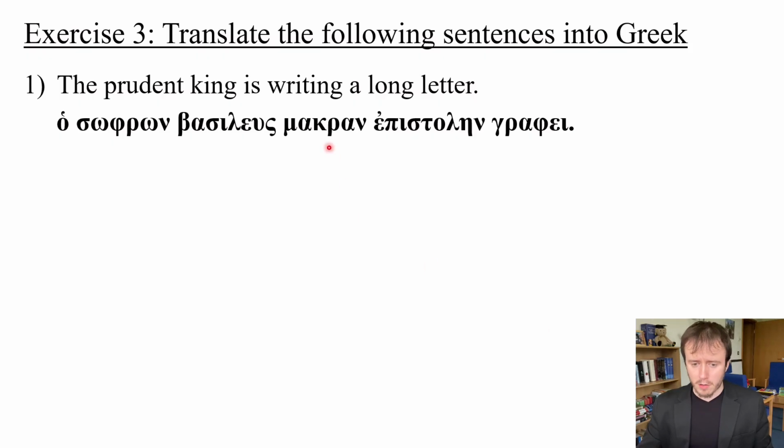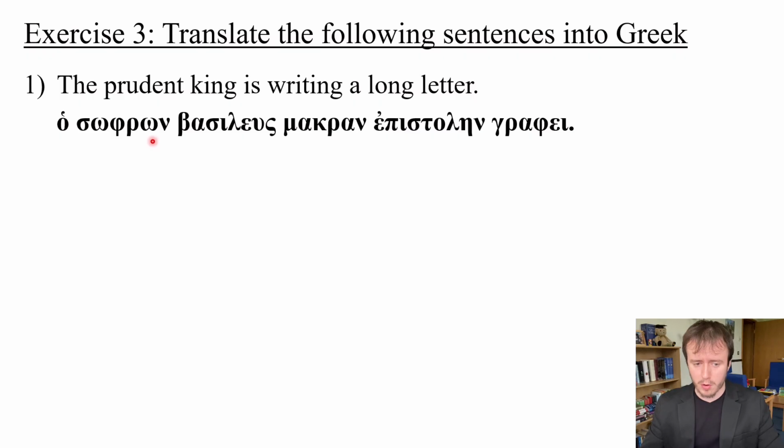Ideally, I would have put makran on either side of epistolen, and I would have put sophron either in the sandwich construction or the repeated article construction with basileus. But apart from that, you could have had the units of the sentence in any order. You could have had makran epistolen at the start, for example. But you should have got the right grammatical forms.